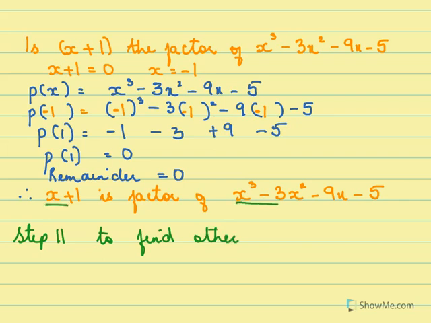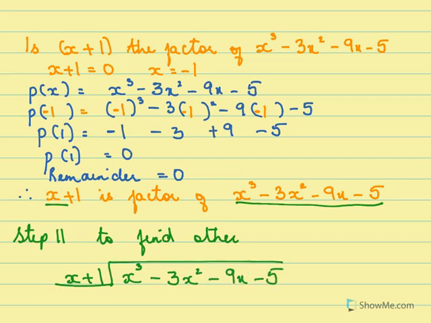And to find another factor, we just need to divide the polynomial. So we have x plus 1 dividing x cube minus 3x square minus 9x minus 5. So we go ahead with this division, and what we get on the top here, the quotient, will be the other factor.